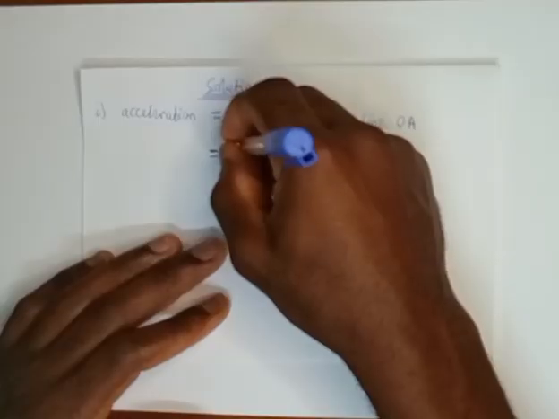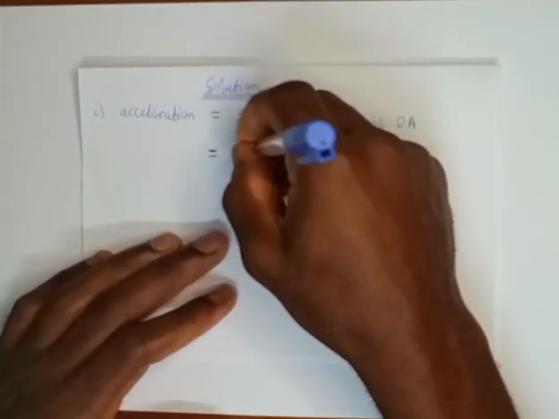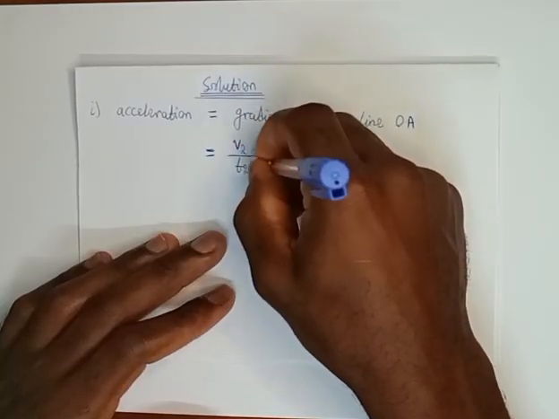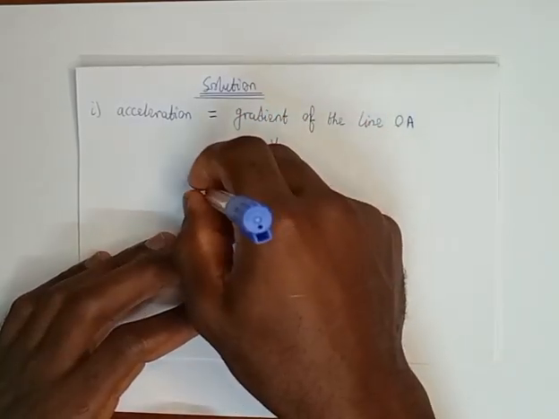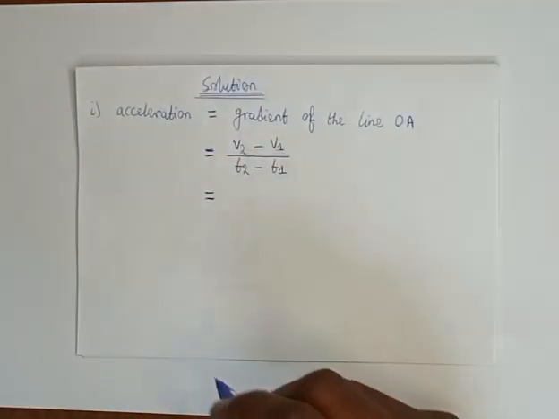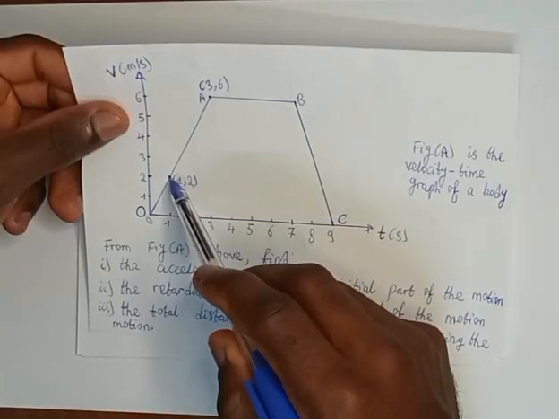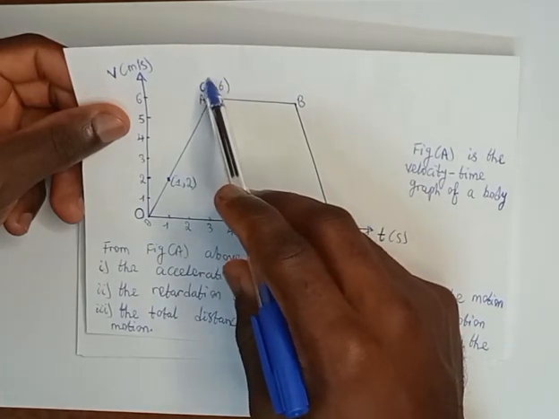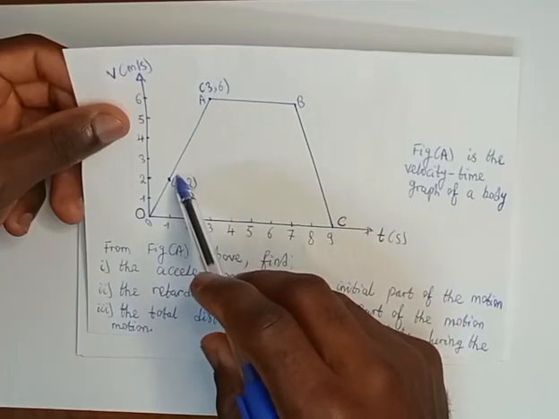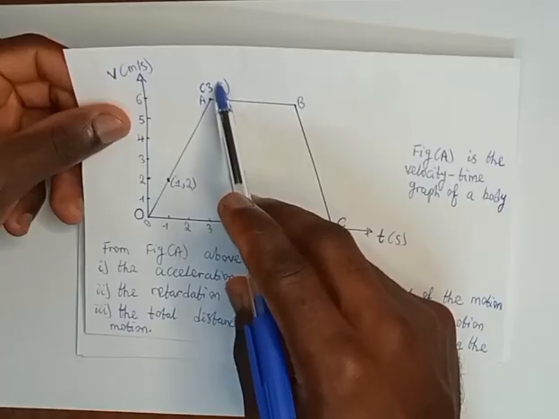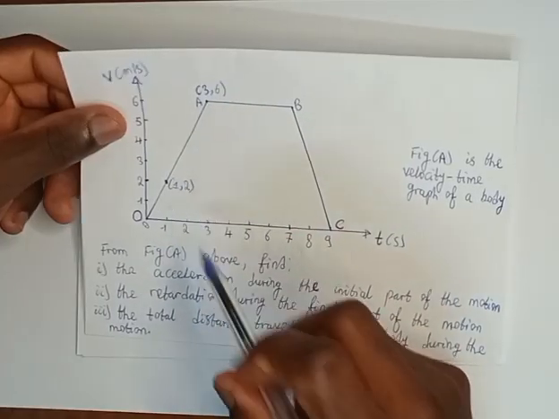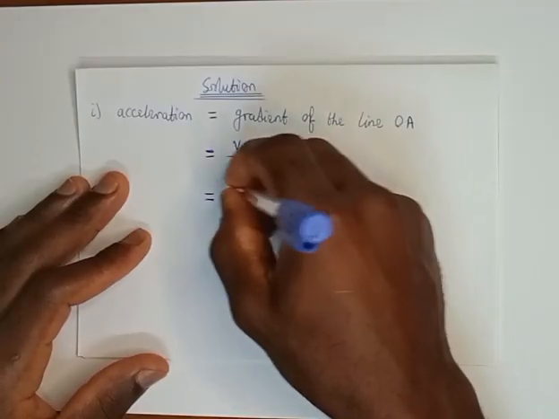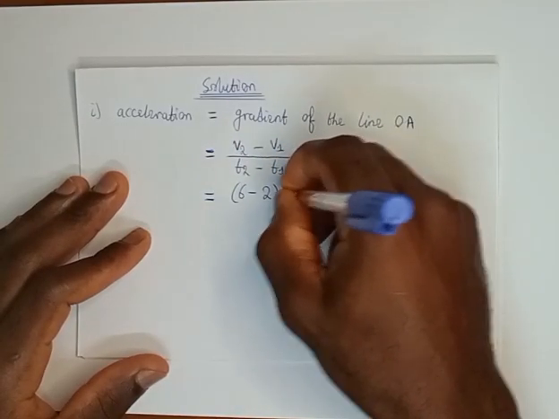We are going to take V2 minus V1. Then we divide by T2 minus T1. This is the first point, this is the second point. So this is our T2, V2, T1, V1. V2 is 6 minus V1, which is 2. Here we have 6 minus 2, all in meters per second.